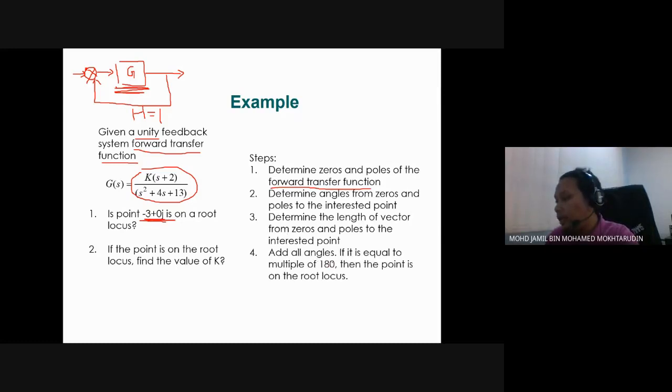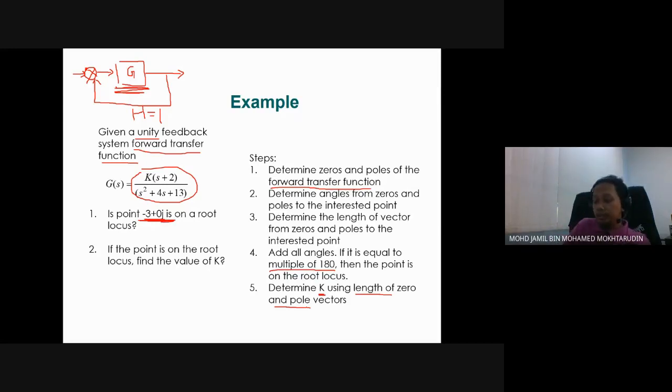And lastly, you add all the angles. If the angles equal a multiple of 180 degrees, then the point is on the root locus. And then to determine k, simply use the length of zeros divided by the length of poles.